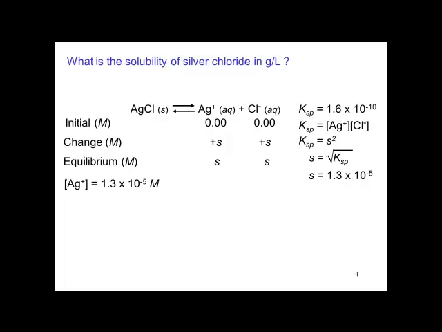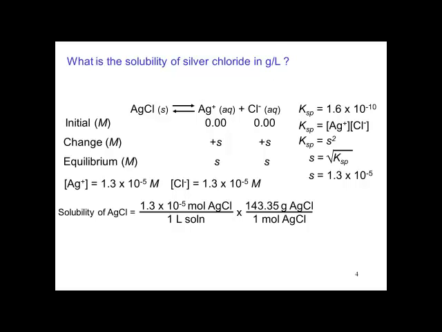The silver ion then is 1.3 times 10 to the minus 5 molar, and the chloride ion is 1.3 times 10 to the minus 5 molar. The solubility of silver chloride then is 1.3 times 10 to the minus 5 moles of silver chloride per liter of solution.